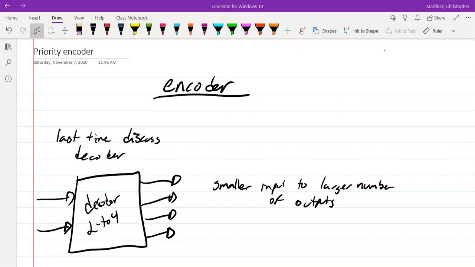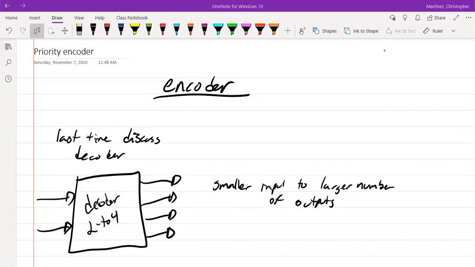The examples we had given focused on a line decoder. Say you had a 2 to 4 decoder: you had two inputs coming in, and you could generate the four minterms. The other way we discussed it was a 7 segment LED light, where we have a number we want to show up on that light.